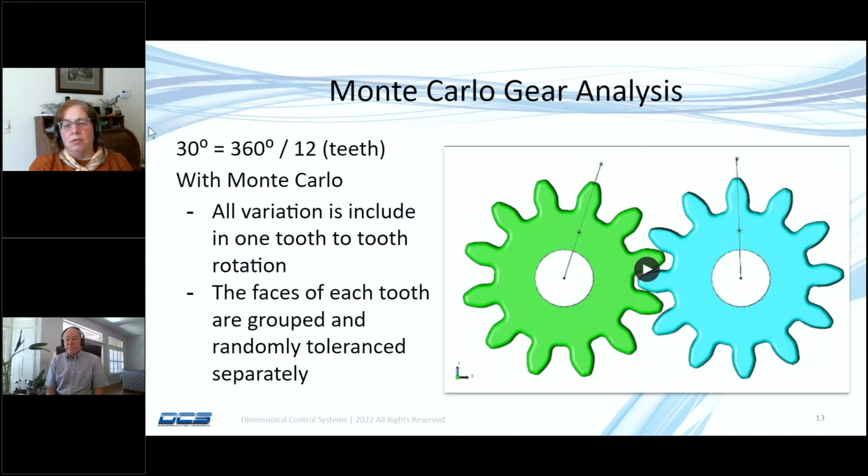So 360 divided by 12 teeth. And we have these teeth assigned a random variation. So each build we simulate with Monte Carlo is going to have slightly different tooth profile.